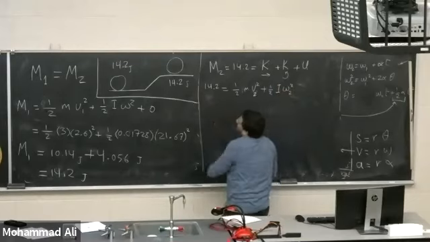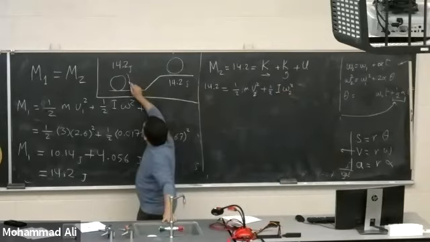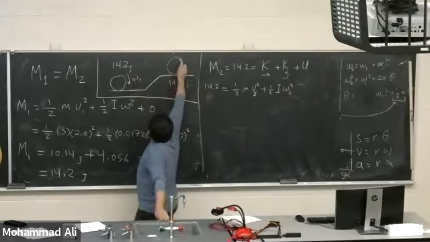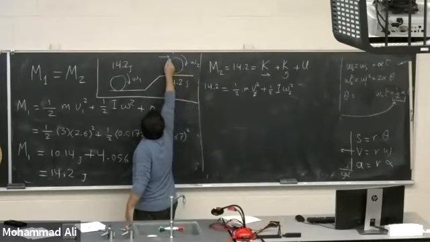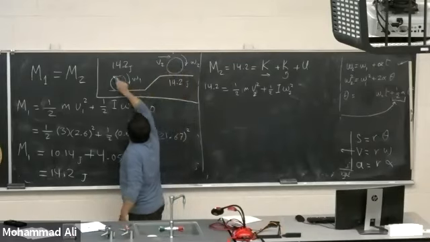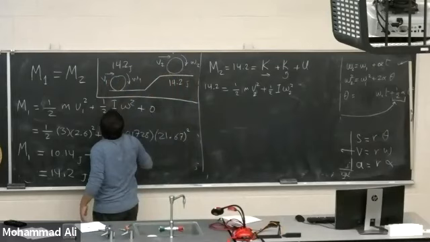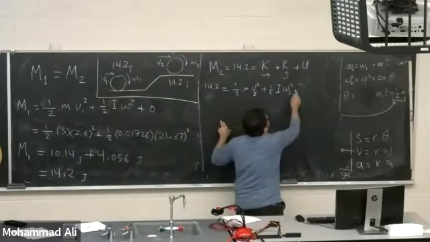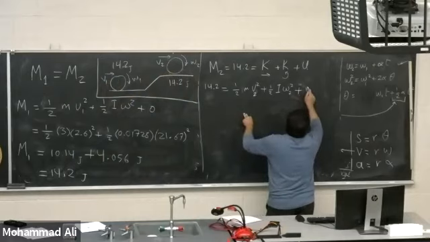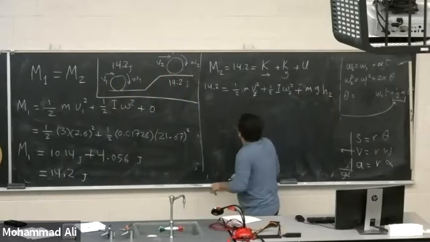Now we have another rotation. Here we have omega 1. Here we have omega 2. Here we have V2. Here we have V1. Plus the potential energy, MGH at the second point.